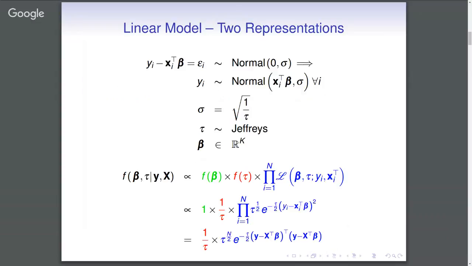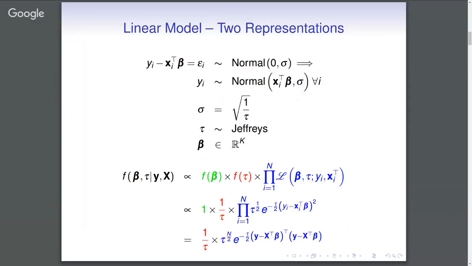In the Bayesian literature, there's different ways of parameterizing a linear model. If you were going to do a Gibbs sampler, which we're not, but if you were, it's a little bit easier if you parameterize the model in terms of the precision. The precision is defined as the reciprocal of the variance.